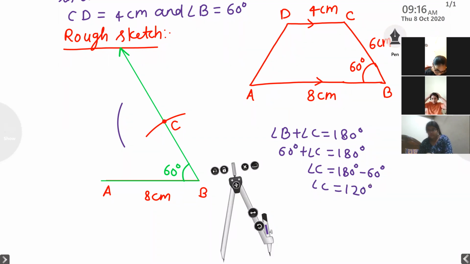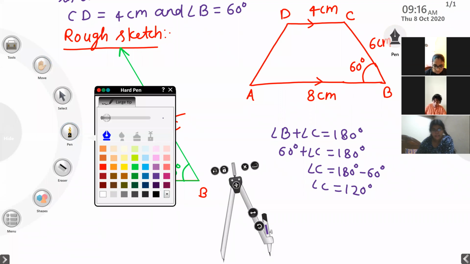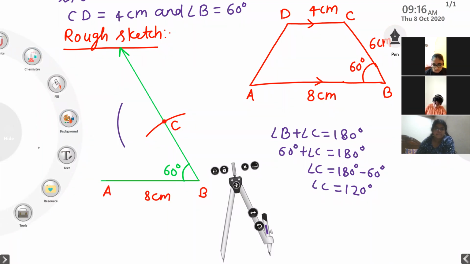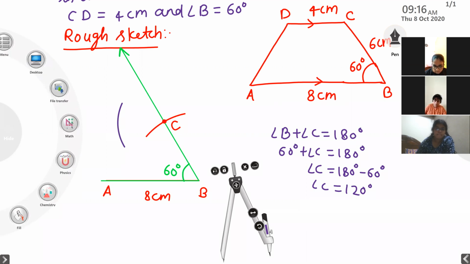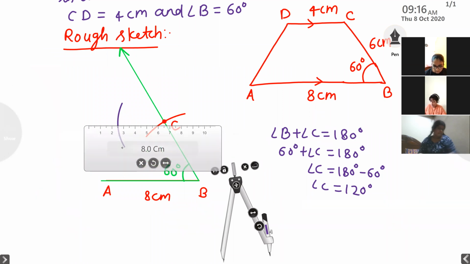I have given one trick to you also students. If I want to draw 120-degree angle, we can construct 120-degree angle. Otherwise, we can draw one parallel line. There are two ways. If we are drawing parallel line also, that angle will be always same angle.